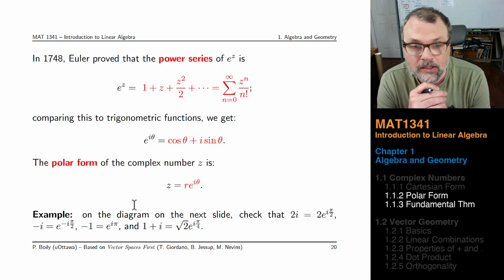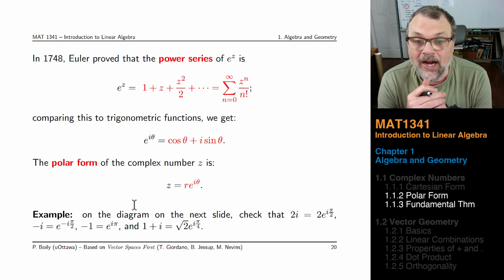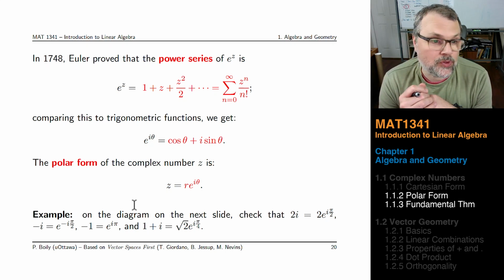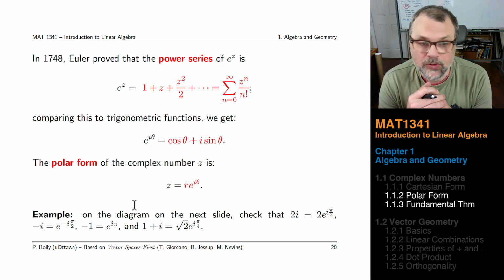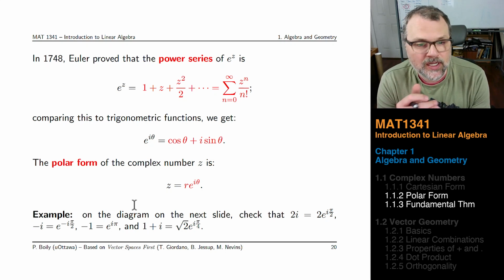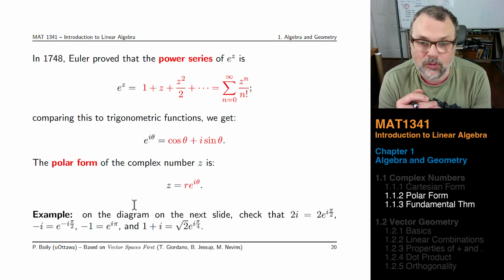There'll be a diagram on the next slide. I'd like you to check that 2i is actually the same thing as 2e to the i pi over 2. That minus i is the same as e to the minus i pi over 2. That minus 1 is the same as e to the i pi. And that 1 plus i is the same as square root of 2 times e to the i pi over 4.